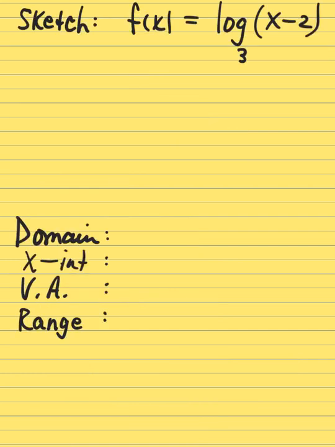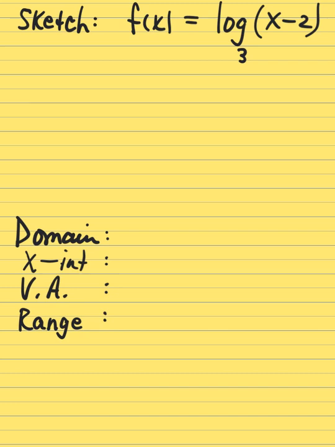Sketch the function log base 3 of x minus 2. If you go into your y equals screen on your graphing calculator and use the log base function from hitting math, arrow up, and option A, you can enter the 3 in the subscript and the x minus 2 in the set of parentheses, hit graph, and things will be going okay.